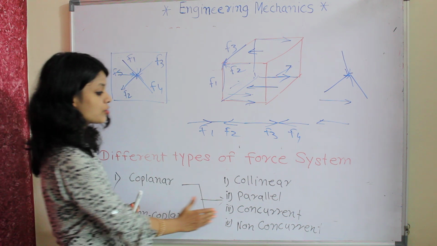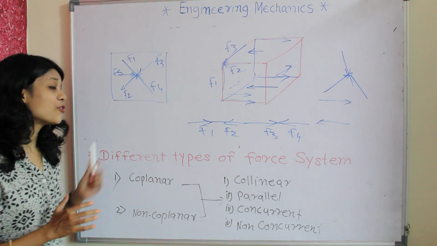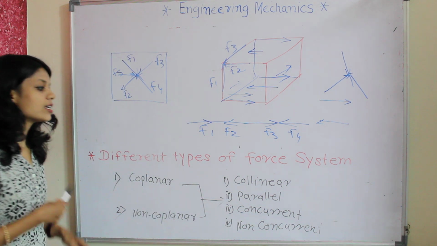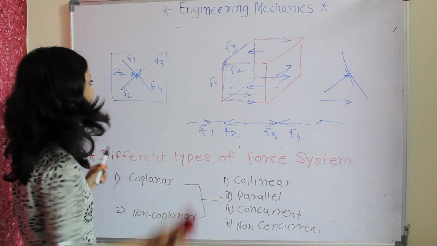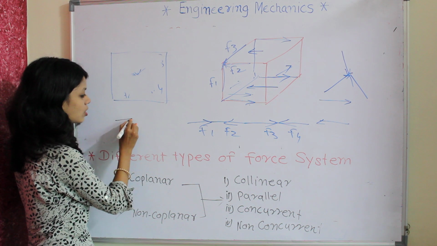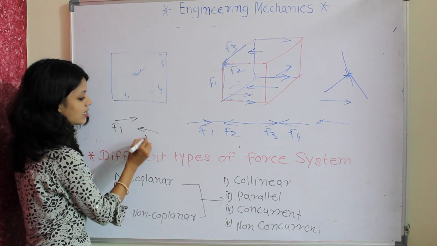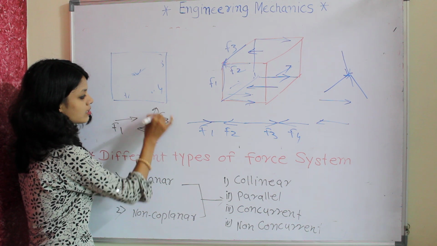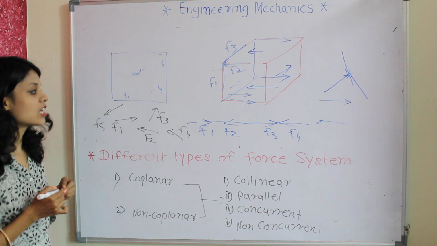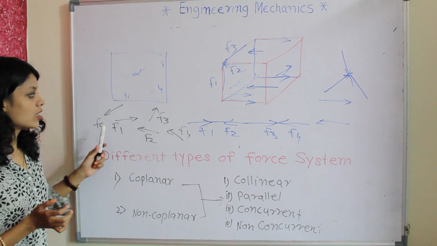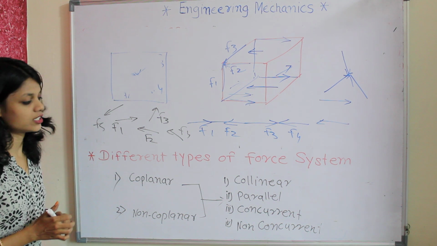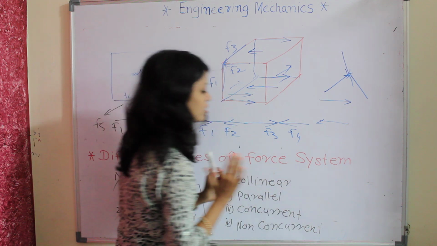Next are non-concurrent forces. When the lines of action of forces do not pass through a single point, then they are called non-concurrent forces. For example, here one force F1, second F2, then F3, F4, F5. These forces do not pass through a single point, so they are called non-concurrent forces. Next are coplanar non-concurrent forces.